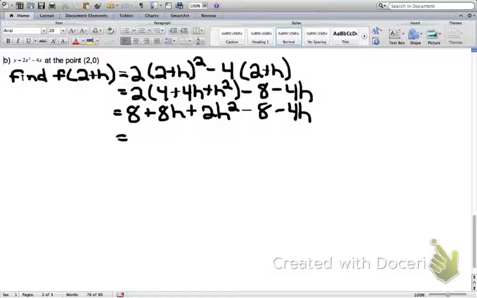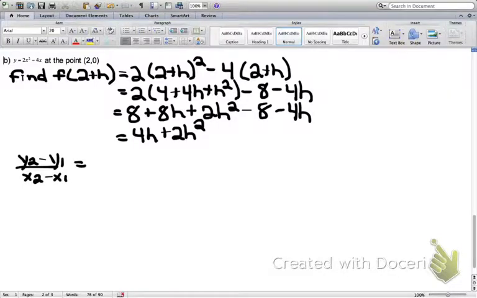We can collect all of our like terms, and we're left with 4h plus 2h squared. And again, we're going to look at our slope. Remember, our slope is y2 minus y1 all over x2 minus x1.